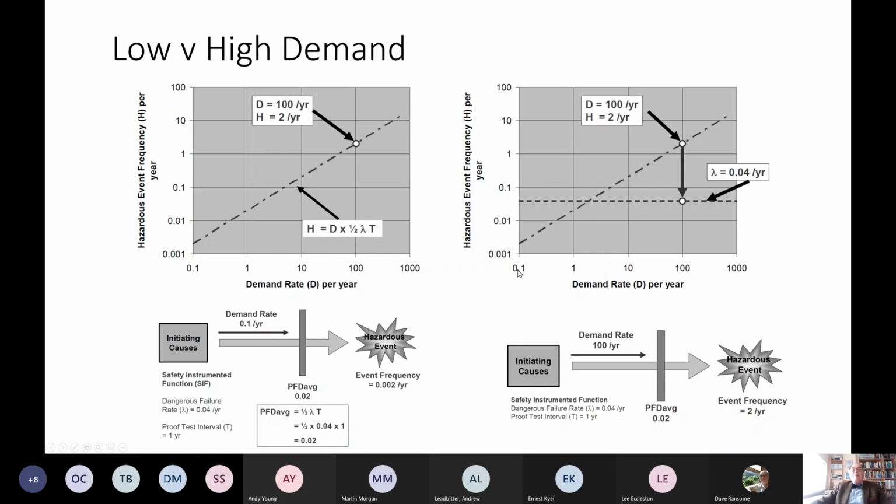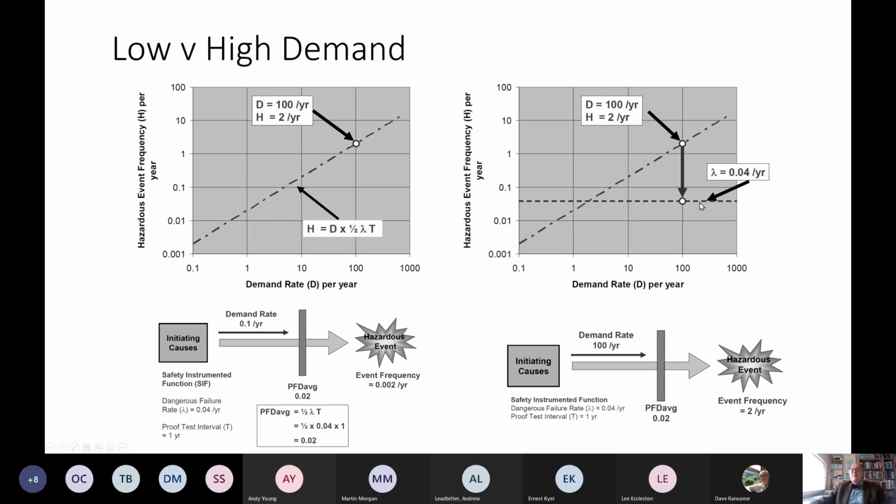If we switch to the example where it's a high demand rate, but with the same SIF capability, then at 100 demands per year, the implication would be that the hazard event frequency would be twice per year. But in truth, when you consider that the SIF itself is only going to fail at 0.04 per year, you can see that that puts a limit on the hazardous event frequency.